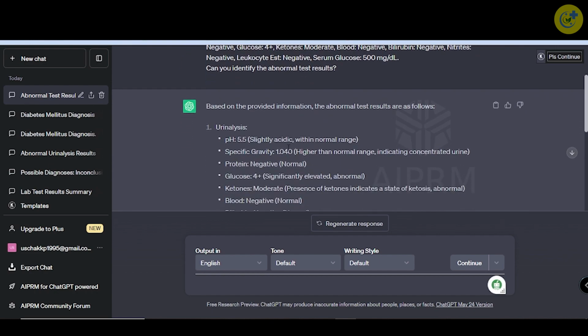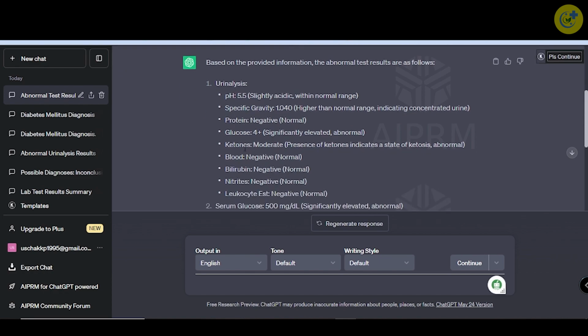Okay, so based on the provided information, the abnormal test results are as follows. Urinalysis, pH 5.5, slightly acidic, within normal range. Specific gravity 1.040, higher than normal range, indicating concentrated urine. Protein negative, that means normal.